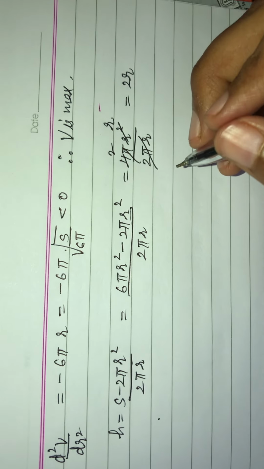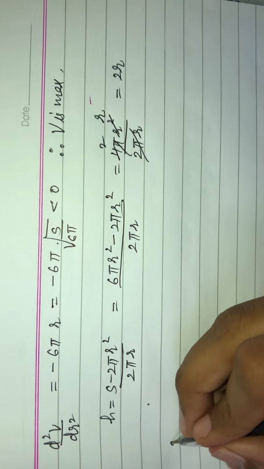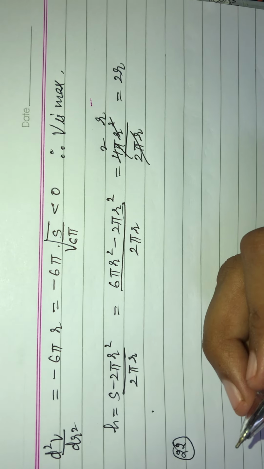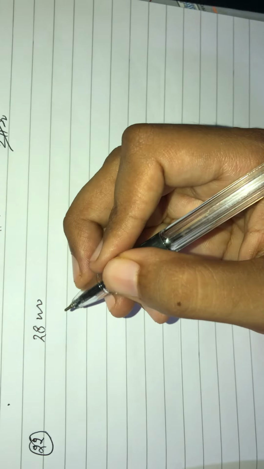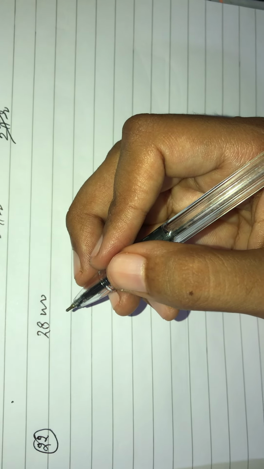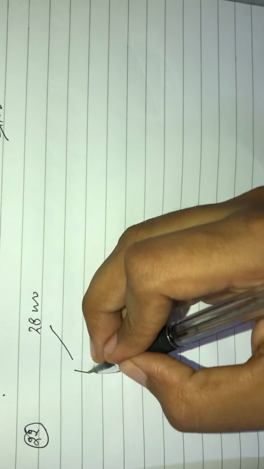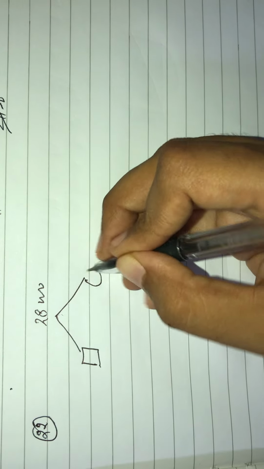Now come to question number 22. In question number 22 they are saying a wire of length 28 meter is to be cut into two pieces. Now we need to make one square and one circle.